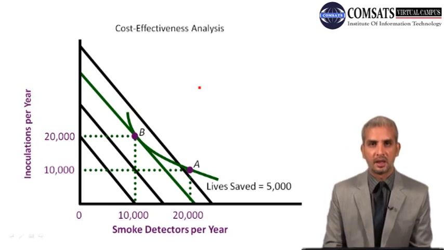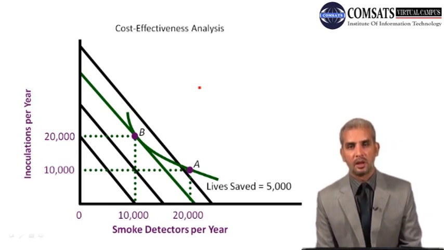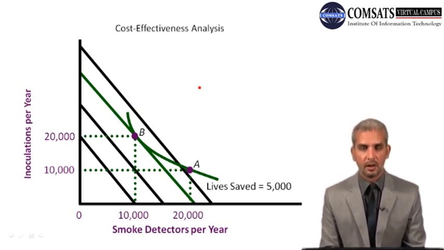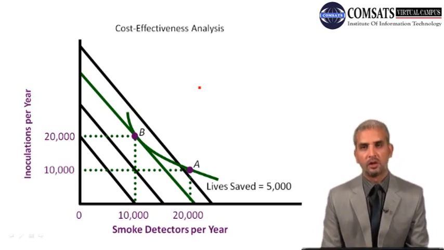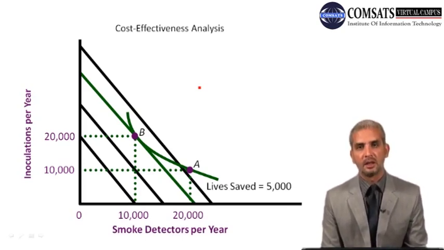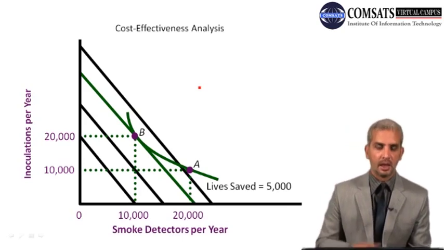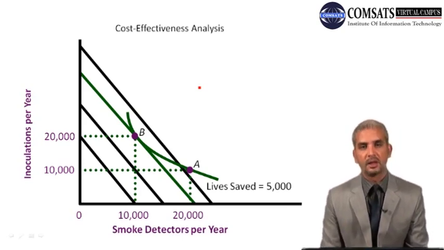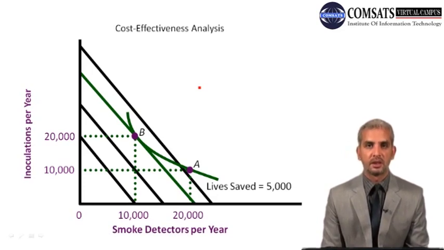Both of these projects target saving up to 5,000 individuals. Now, in this isoquant, we can only take up those projects where the isoquant is touching the iso-cost line, because at that point, for example point B, there are 20,000 vaccinations and 10,000 smoke detectors. Now these represent the optimal point.